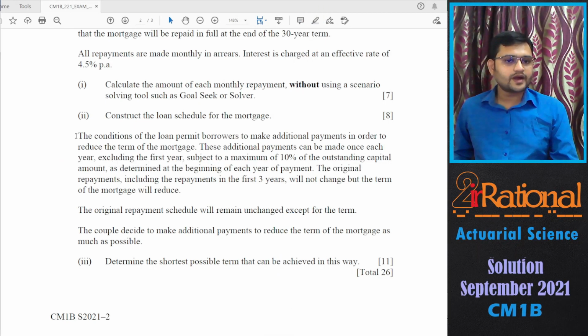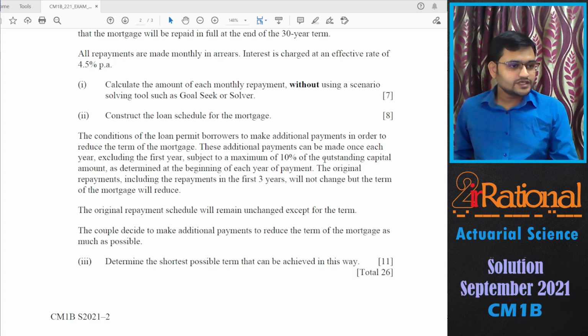For the third part, the conditions of the loan permit borrowers to make additional payments in order to reduce the term of the mortgage. These additional payments can be made once each year, excluding the first. So in the first year we cannot make the payment, and later on we can make it at the end of the year, subject to a maximum of 10% of the outstanding capital amount as determined at the beginning of each year.